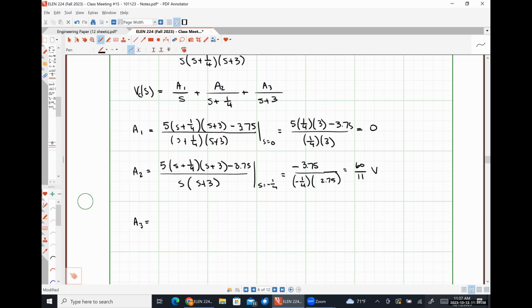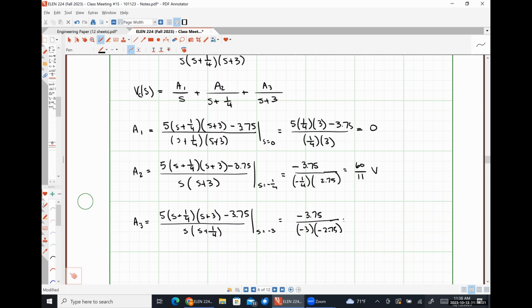And then for A3, we're going to have 5 times s plus 1/4 times s plus 3 minus 3.75, divided by s times s plus 1/4, evaluated at s equal to negative 3. Once again, we're going to have negative 3.75 because that whole first part of the numerator is going to go away when s is equal to negative 3, divided by negative 3 times negative 2.75.